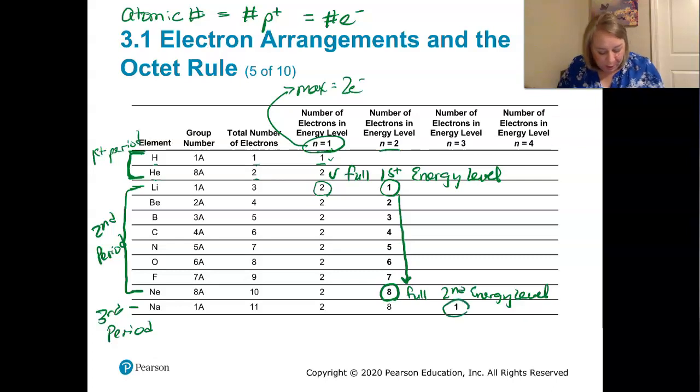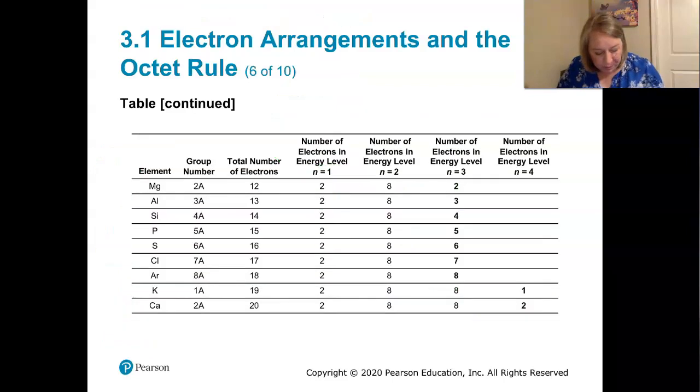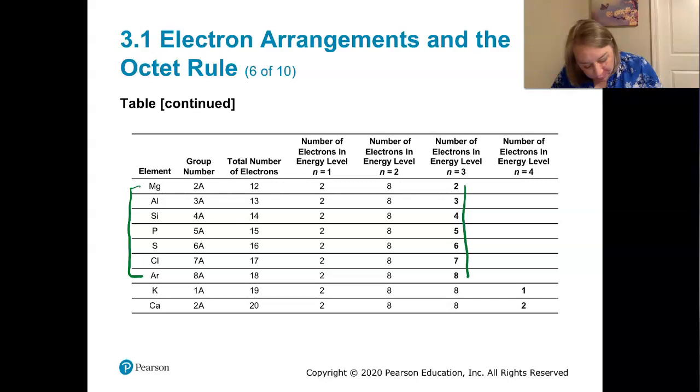Here's our first electron that goes in principal energy level 3. Then we're going to go magnesium, aluminum, silicon, right? We're going to go all the way down until we hit argon. So what we see with these is that we're increasing our number of electrons until we get to a complete third principal energy level.